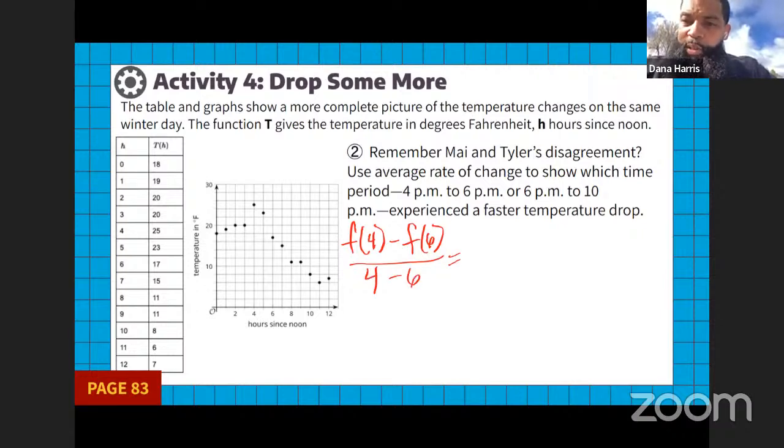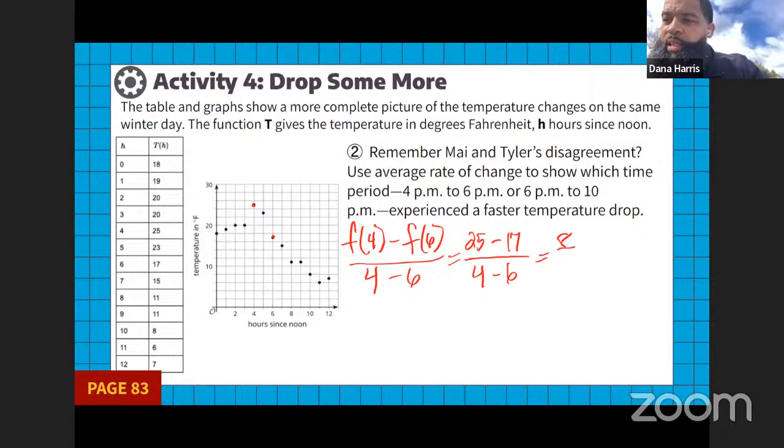Well, the temperature at 4 p.m. is 25 degrees. f of 6 p.m. is 17 degrees, it looks like. And then 4 minus 6, okay? 25 minus 17 is 8, and 4 minus 6 is negative 2. So this is approximately a temperature drop of 4 degrees per hour.